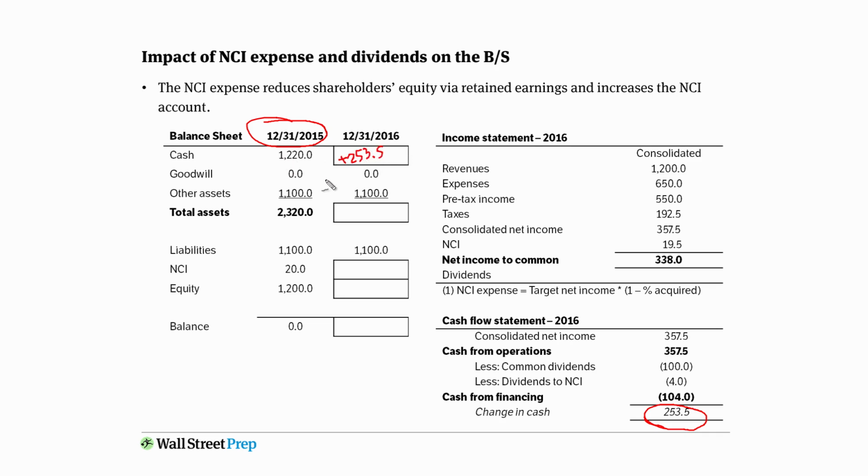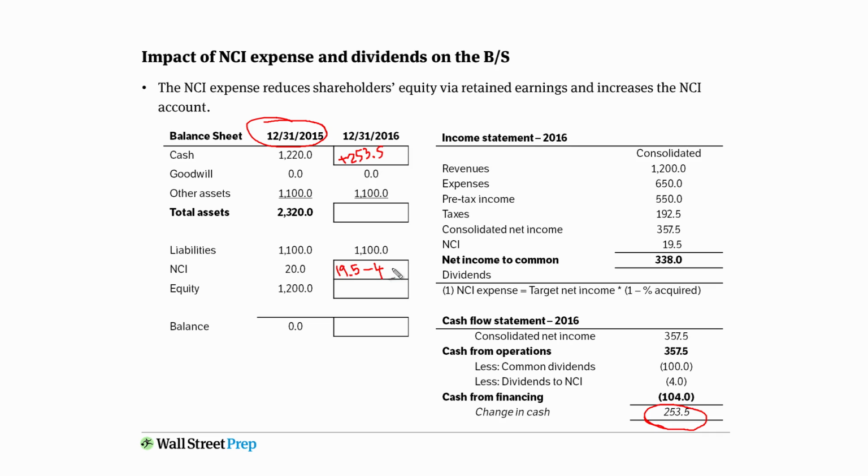from 1.22 billion. And then non-controlling interests went up by 19.5, which is the non-controlling interest income. But here's where we want to reflect that 4 million of the non-controlling interest income was actually distributed back to the non-controlling interests in the form of dividends.